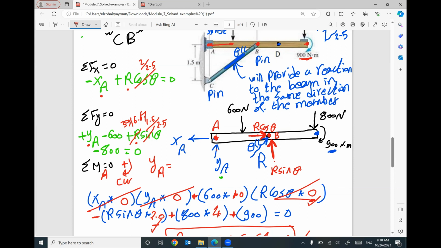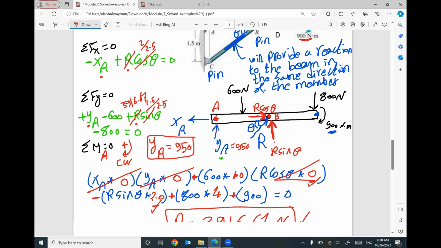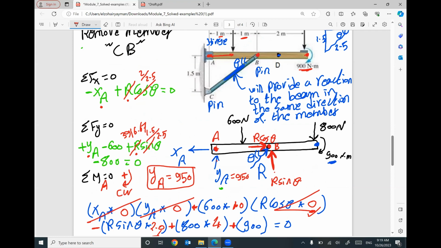The reaction YA will be 950. So this reaction is 950. I can go back here and put R with this value, 3,916.67.